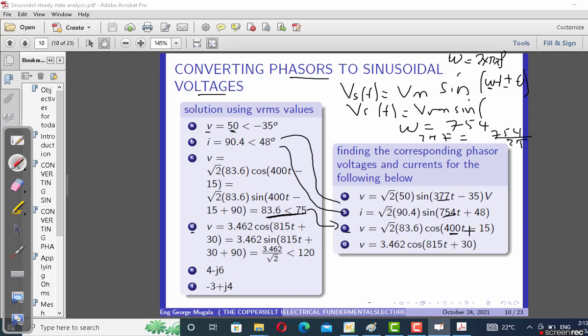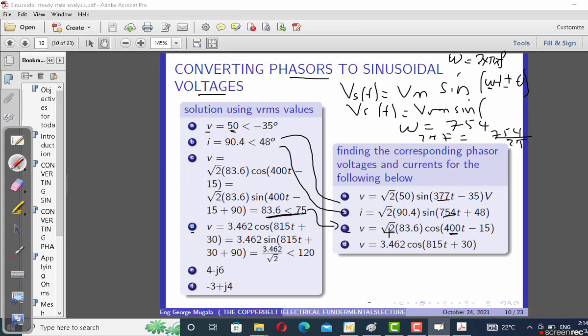Now remember that if this is a cosine function, then we had to add 90. If it was minus 15, then when we add plus 90, that's the equivalent of that, right? So we can get first to the sine function, which is normal.